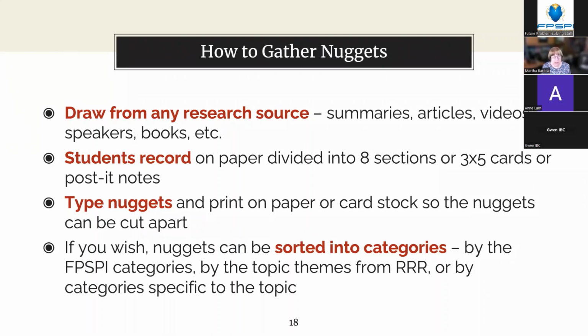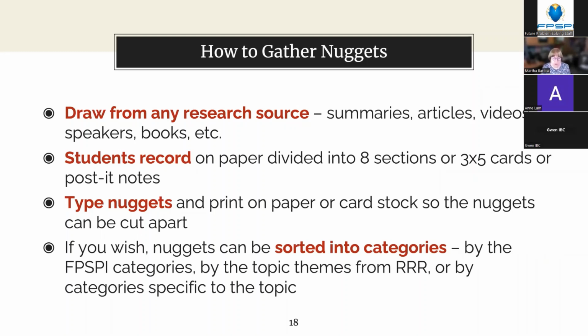Use the same kind of paper to brainstorm challenges and brainstorm solutions. But 3x5 cards or post-it notes can work too, post-it notes especially can be pretty flexible. Now, if you really want to do it up big, one thing would be to type the nuggets and then print them on, let's say, paper or cardstock so you can cut them apart.